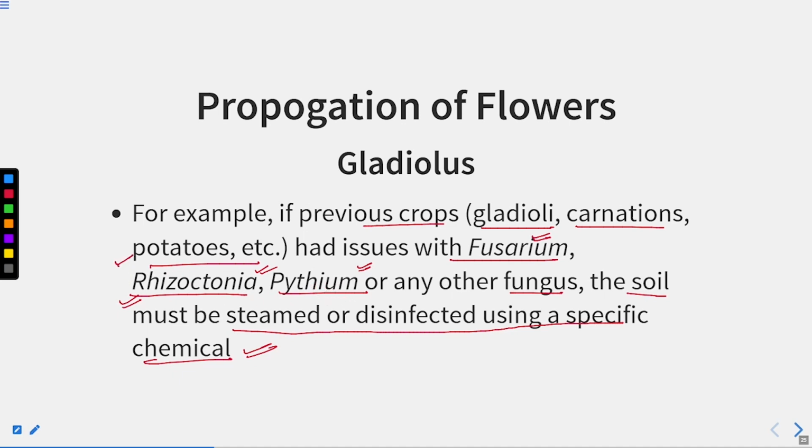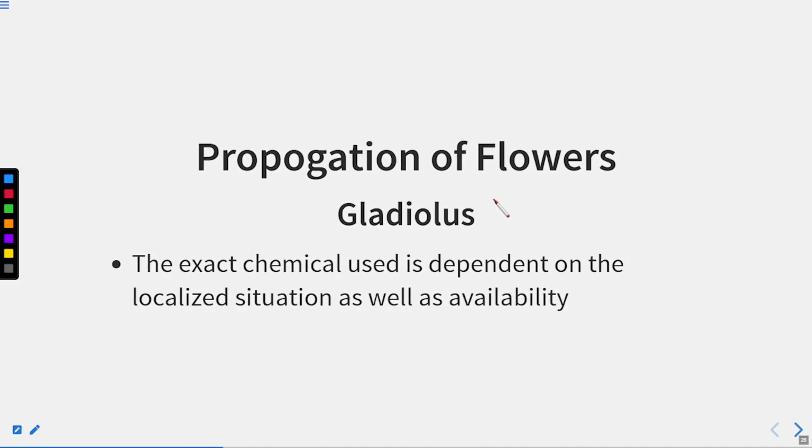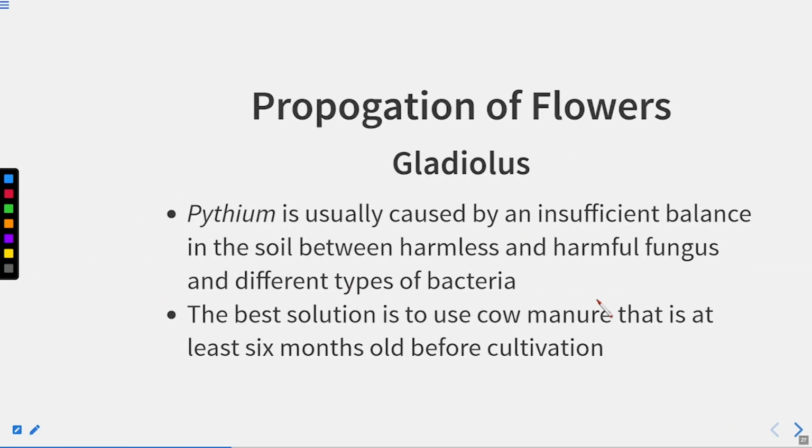If potatoes were grown and found infected with any of these three fungi, it could harm our gladiolus if we grow it next season. The exact chemical used depends on the local situation as well as the availability of the chemical.